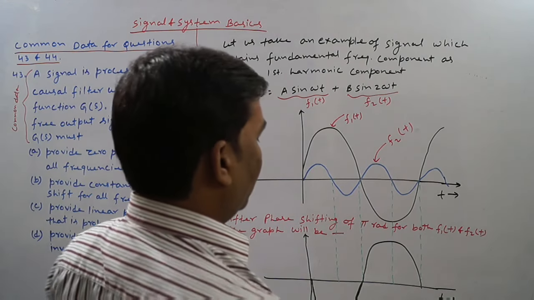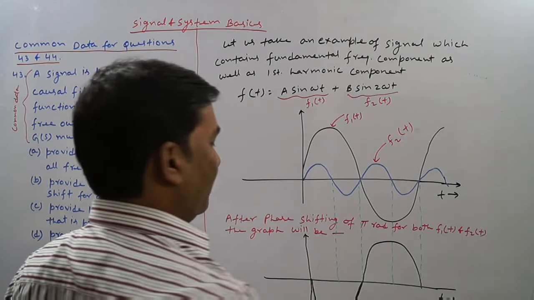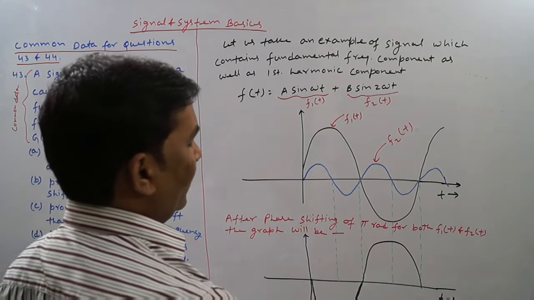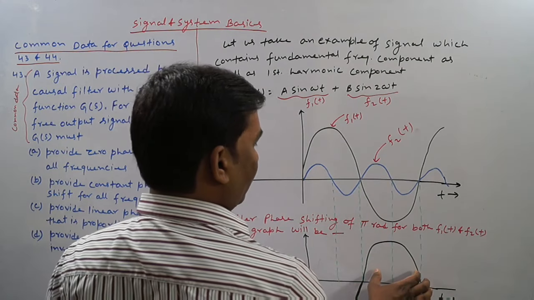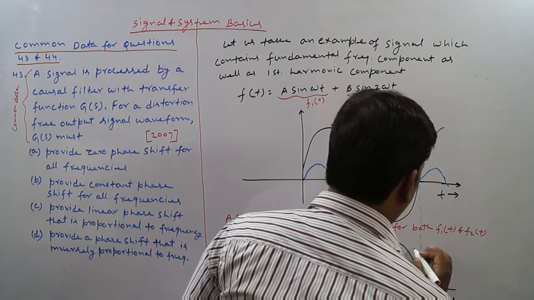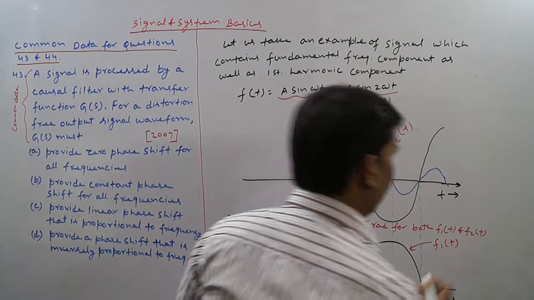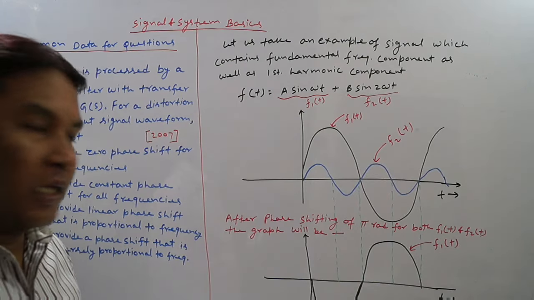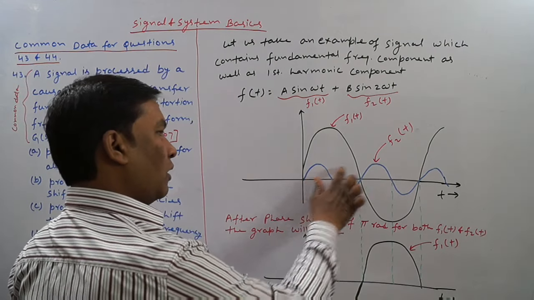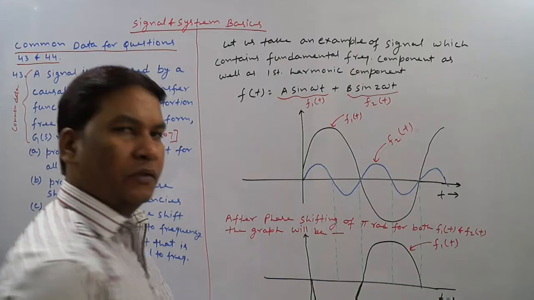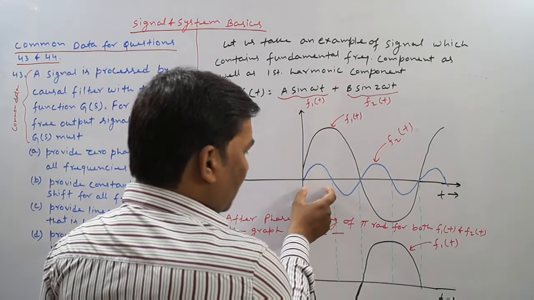After shifting of pi radian, or 180 degrees, this part will move here. So this one is the graph for f1(t). Now suppose we do the same phase shift for the graph f2(t), so 180 degrees for f2(t) is nothing but this much.